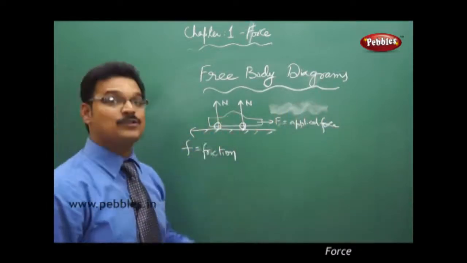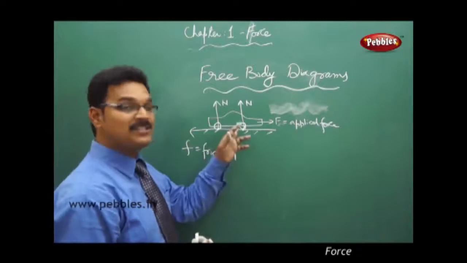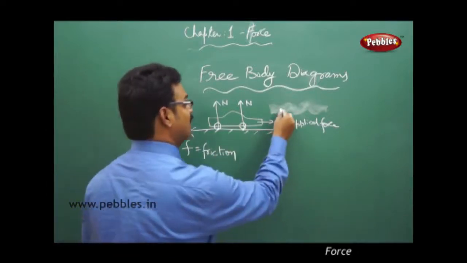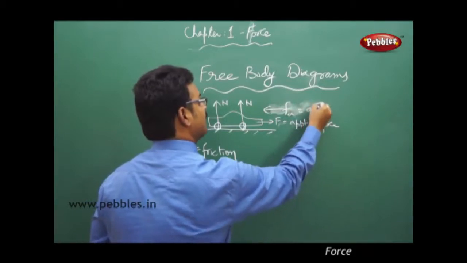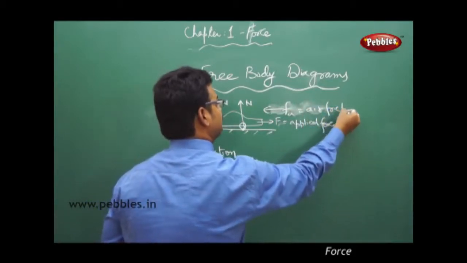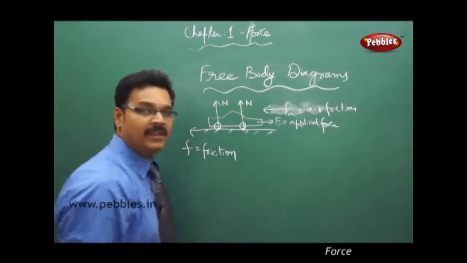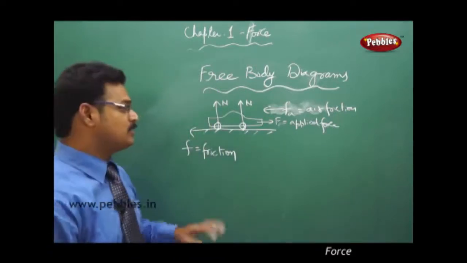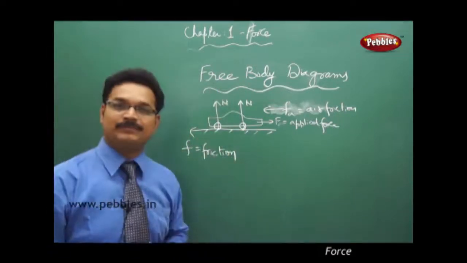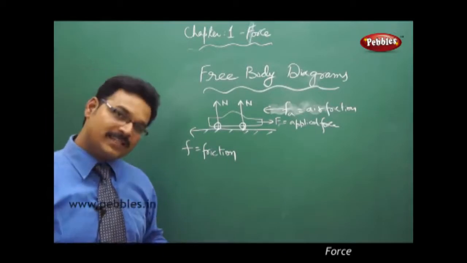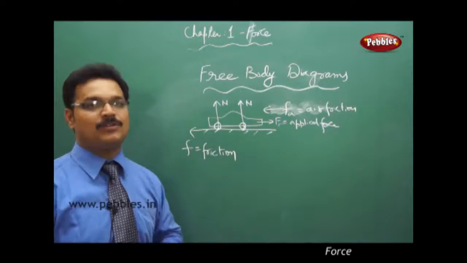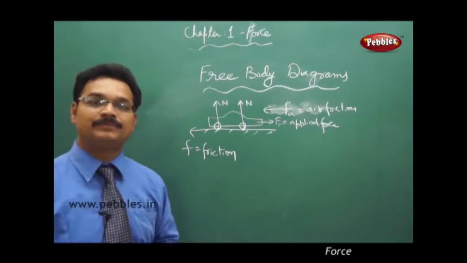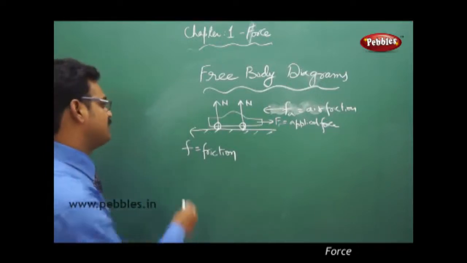Because of air, also some force opposes the motion of the car, and that force is air friction, air resistance also we can say. So this is what is called a free body diagram. So by visualizing, drawing and locating all the forces on the diagram is called a free body diagram. This is the first example.